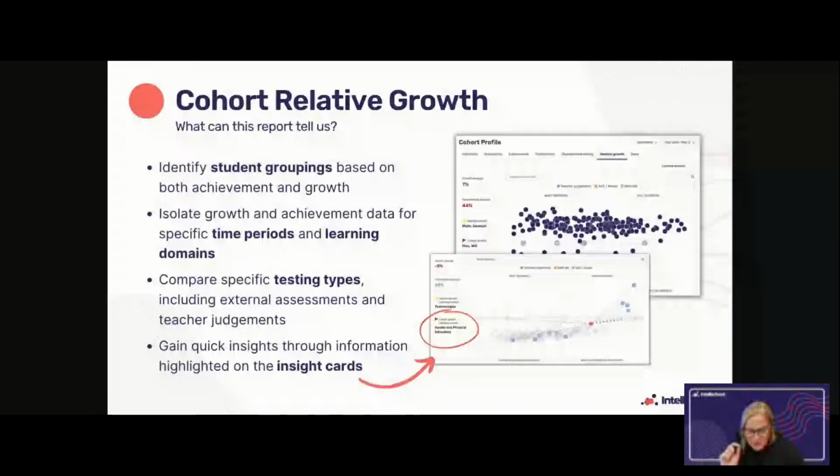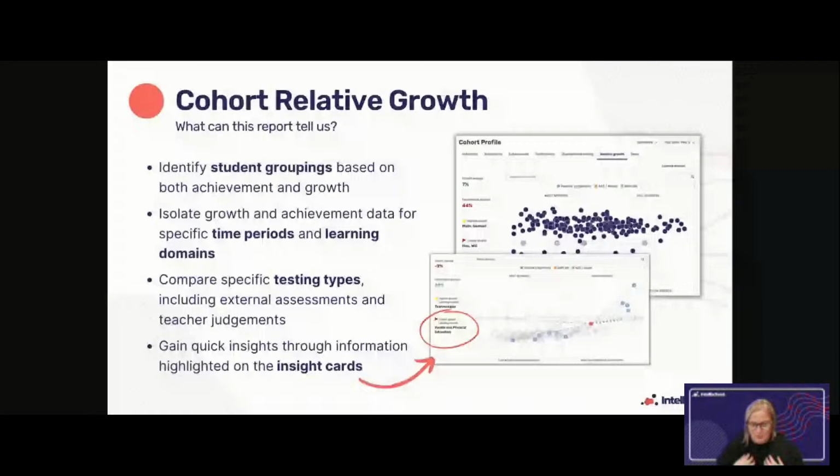So clearly I jumped the gun. My third point was that you can compare specific testing types. So being able to get a picture of what's being reported through external testing versus what's being reported through internal school assessments as well. So it's really quite interesting to break that down.